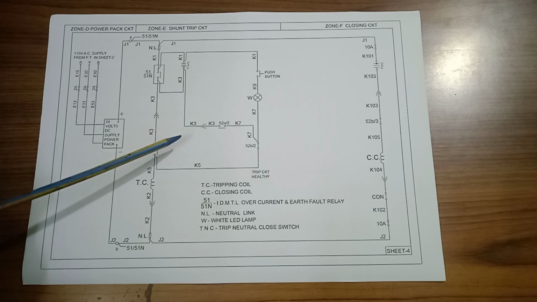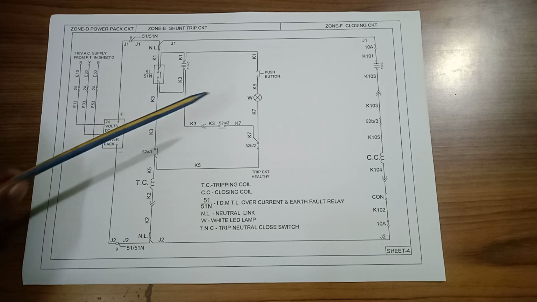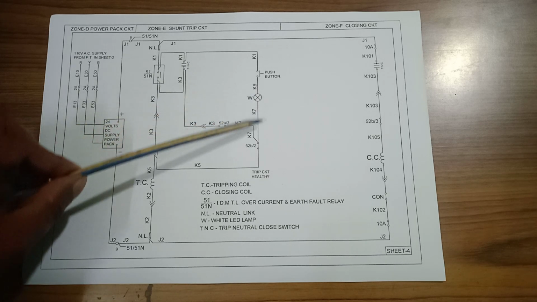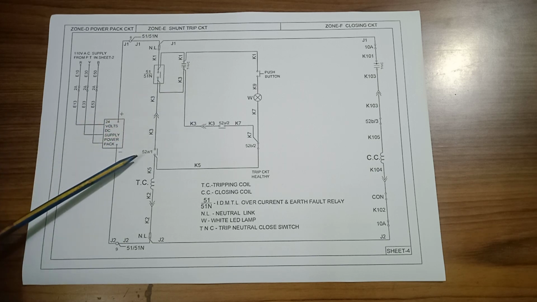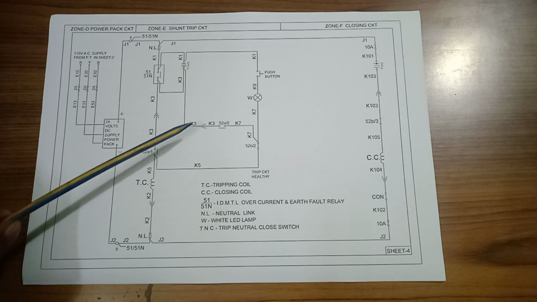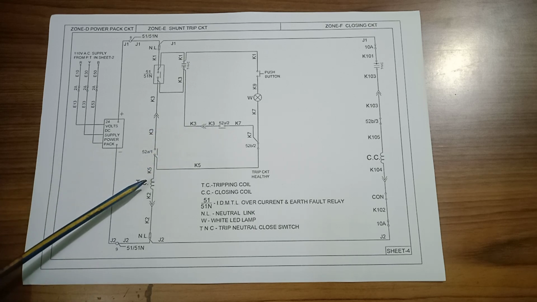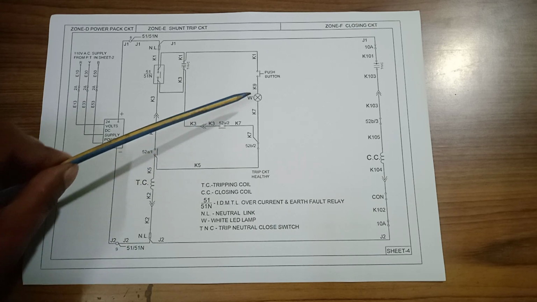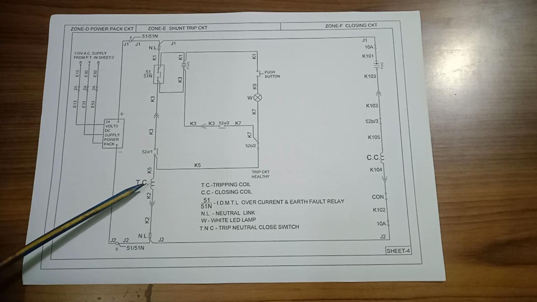One, when the circuit breaker is off. Second, when the circuit breaker is on. When the circuit breaker is on, the power goes this way. 52A by 1, 52A by 2, all are in make position, and the white LED glows through the trip circuit coil.